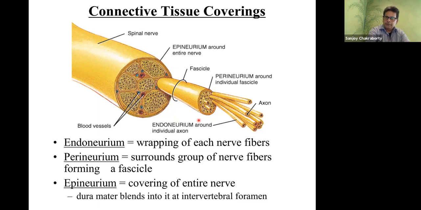Same concept here, only mysium is replaced by neurium. The wrapping of an individual nerve fiber is called endoneurium. Then all of them making a bundle create a nerve fascicle, which is covered by perineurium. And finally, the outside layer is called epineurium. All our spinal nerves follow this connective tissue covering exactly like muscle.